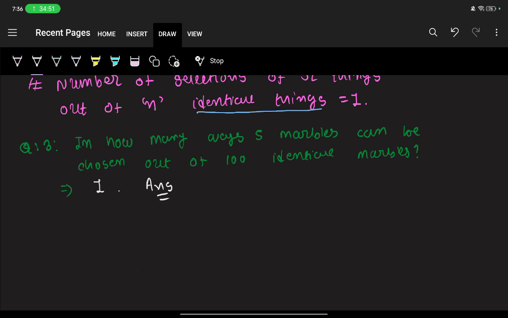Okay, now another very important point: total number of selections of 0 or more things out of k identical things.